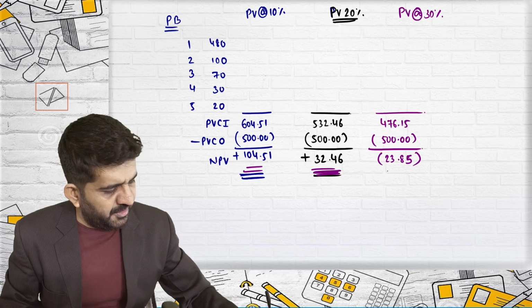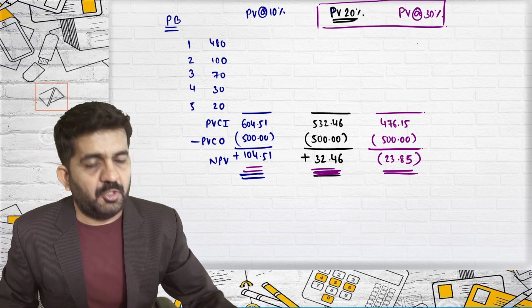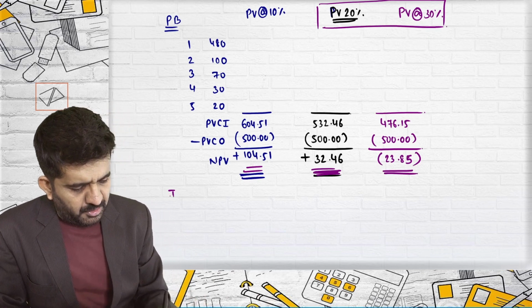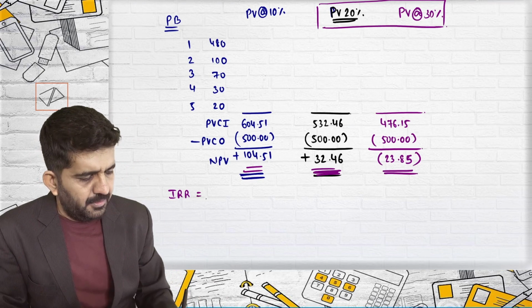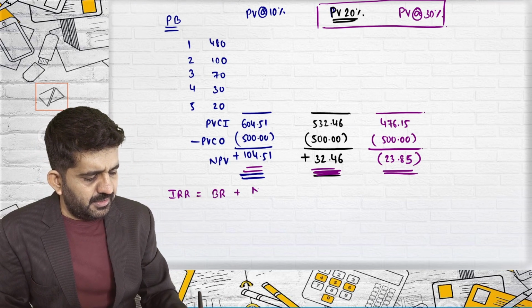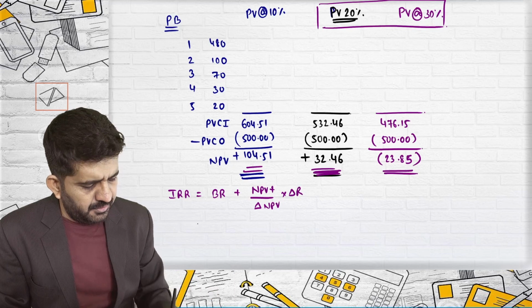One positive figure, one negative figure. My IRR will be between 20% and 30%. I can use the formula: IRR will be base rate plus NPV which is positive, divided by difference in NPV, multiplied by difference in rate.